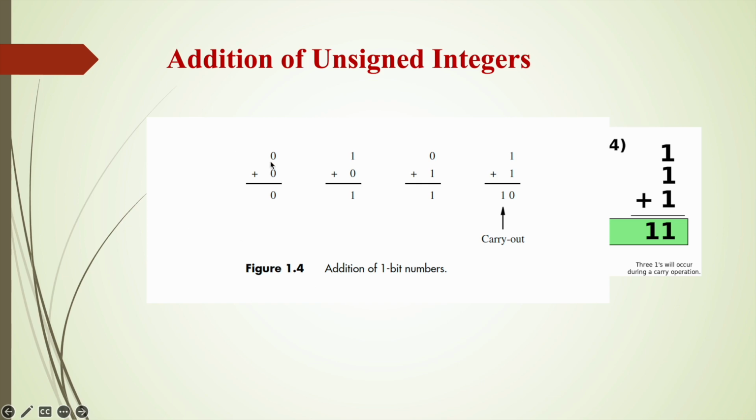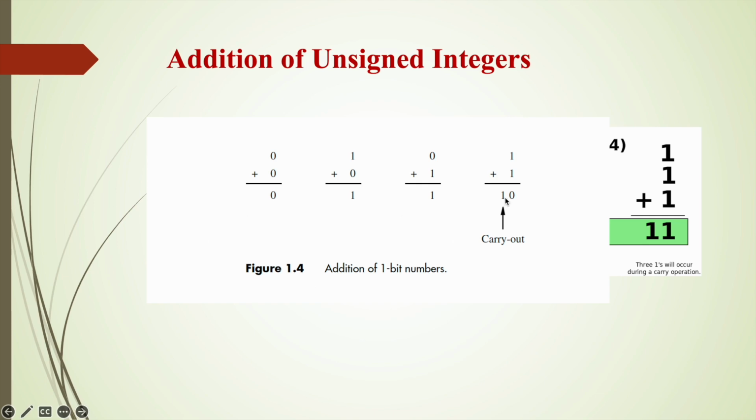If you add 0 and 0 you'll get 0. If you add 1 and 0 you'll get 1. If you add 0 and 1 you'll get 1. If you add 1 and 1, it is 2, and 2's binary equivalent is 1 0, so 0 will be the sum value and the carry is 1.